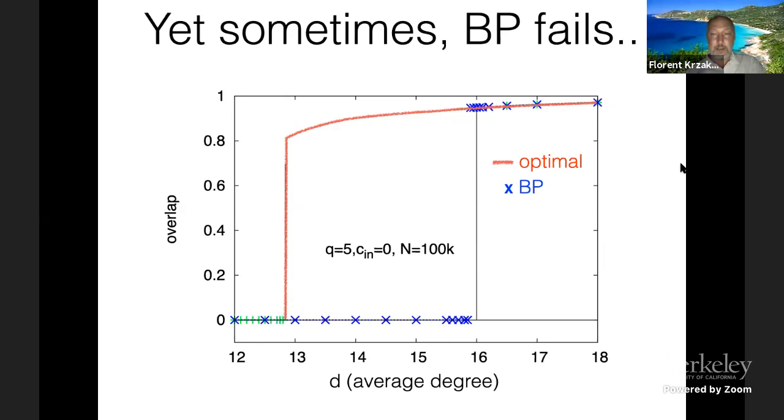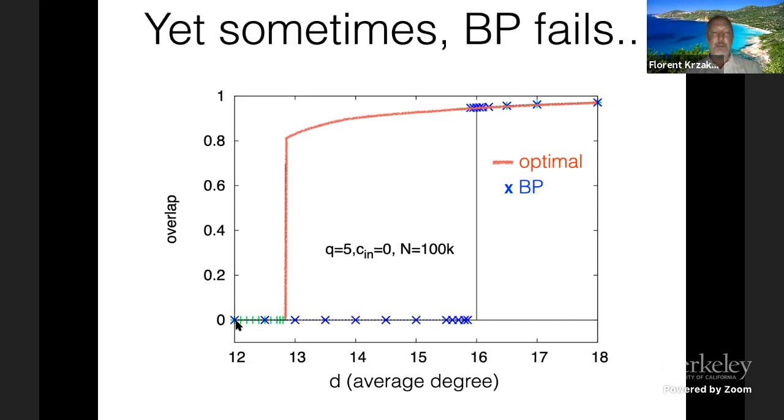So there is here one such example. It's an example which is a disassortative case. So every community is not connected with people in its own group. It's a planted coloring if you want, with 5 colors, and it's a very large graph, 100,000 nodes. And here I'm changing the average degree.